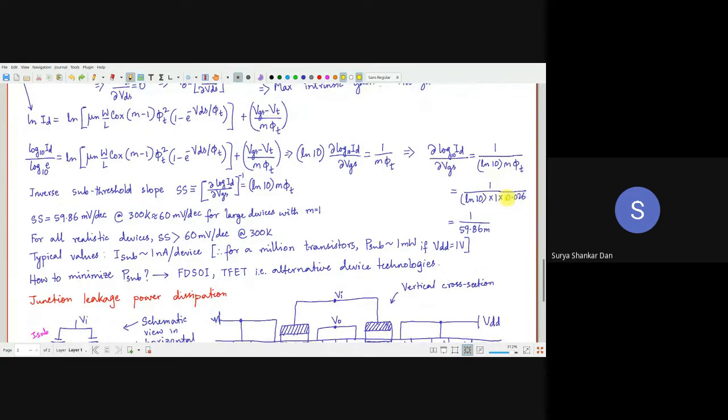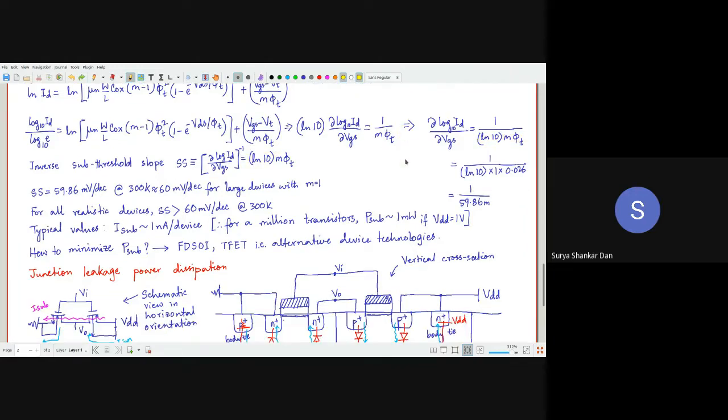If you calculate this, it turns out to be something like this. Therefore the inverse subthreshold slope. Why inverse? Because this is your slope, and you take its inverse, 1 upon this factor. Here you can see this whole thing is inside the bracket to the power of -1. That inverse will simply become ln 10 m phi t. This factor is the same.